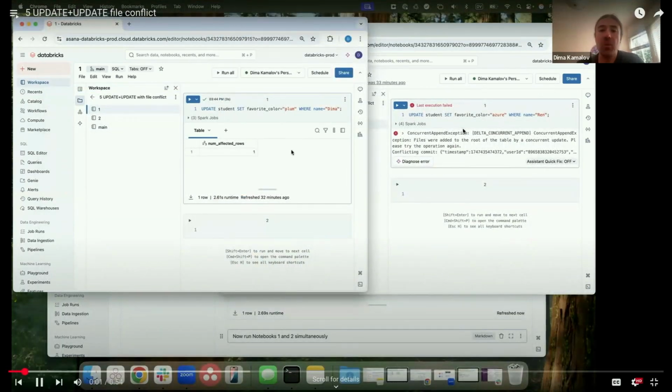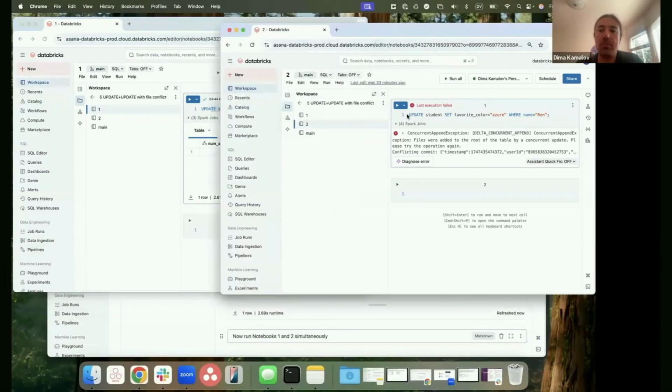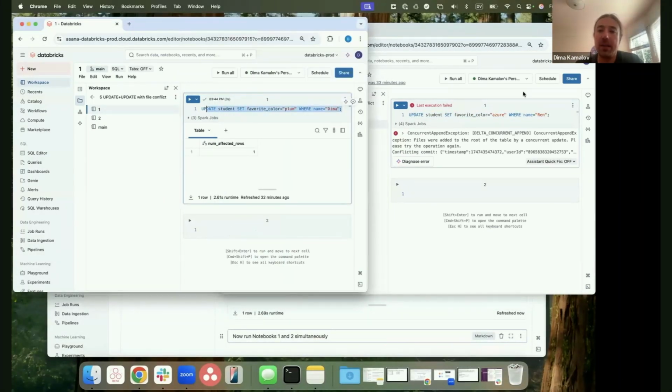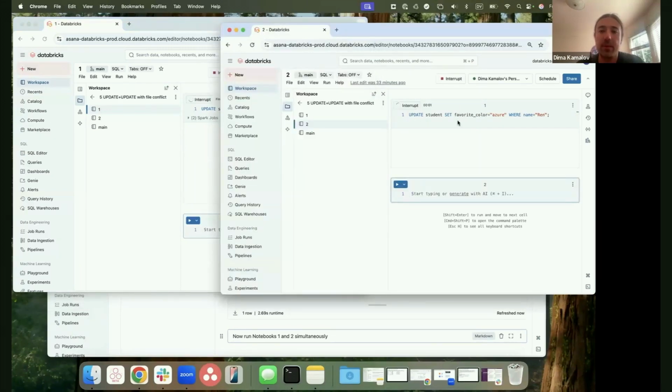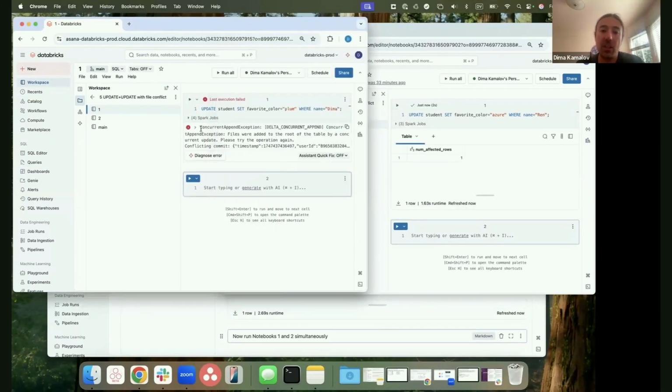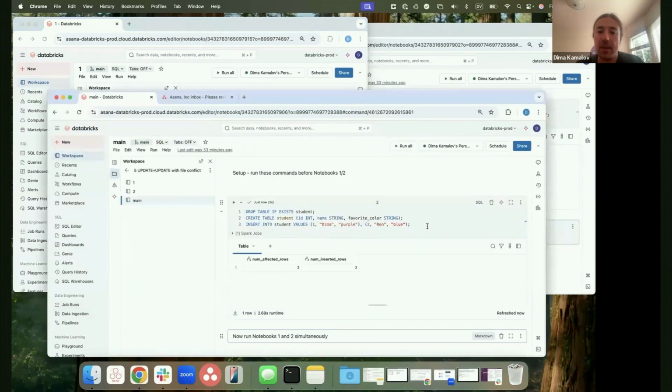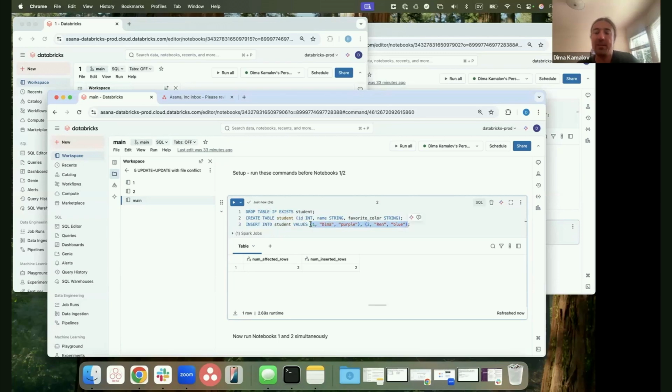In this fifth example, we're again going to try to have 2 updates at the same time, but this time the 2 updates will be modifying 2 different rows in the table. So let's see what happens when we try to run these at the same time. And in fact, we still get a concurrent append exception. And what happened is when we created this table, these 2 rows were written to the same data file.